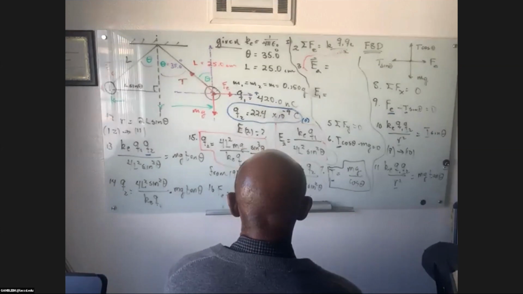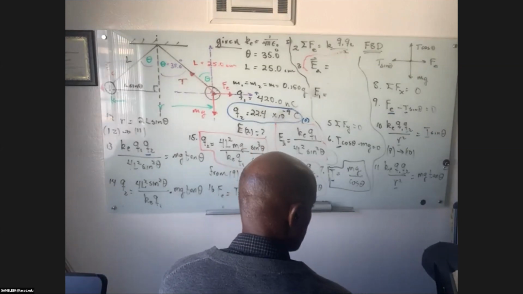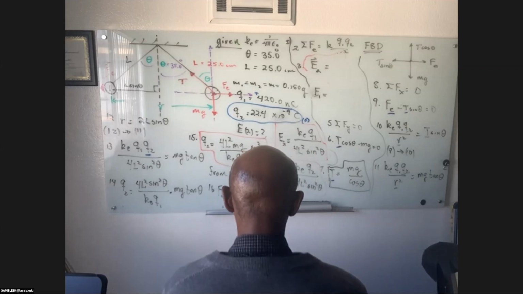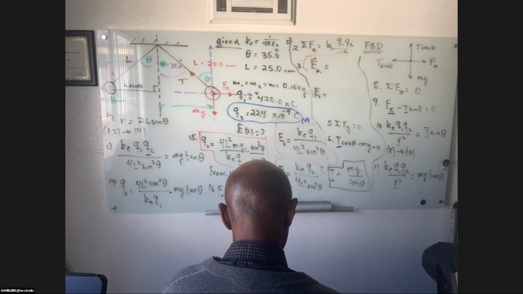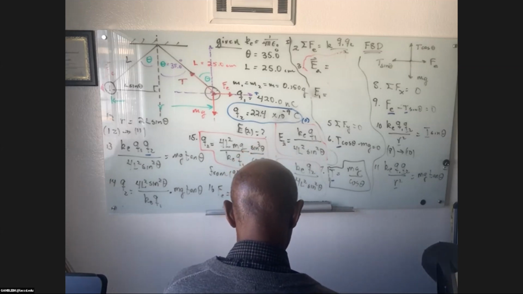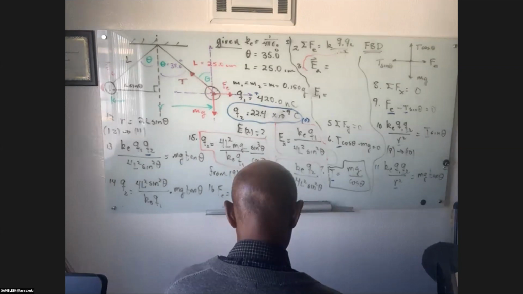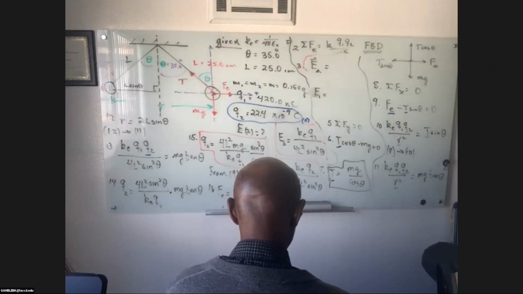All right, so just using this equation here, get E, so 8.99 times 5. I think that's a reasonable feel.